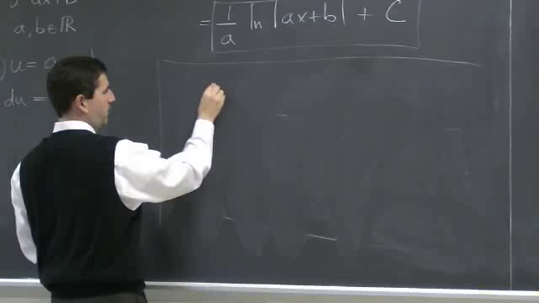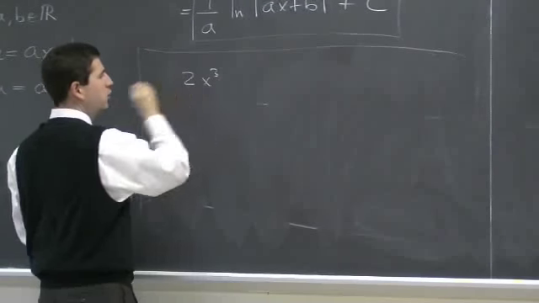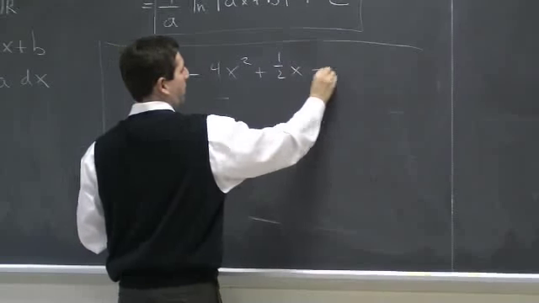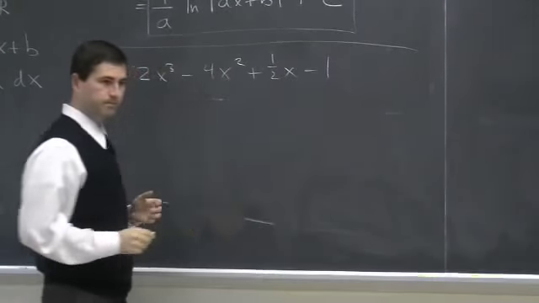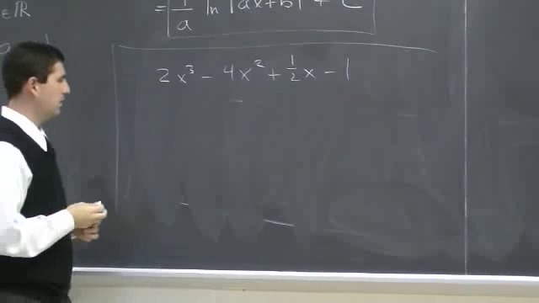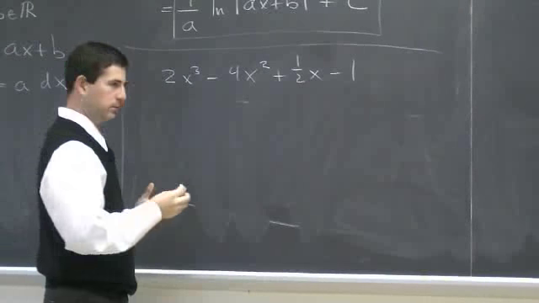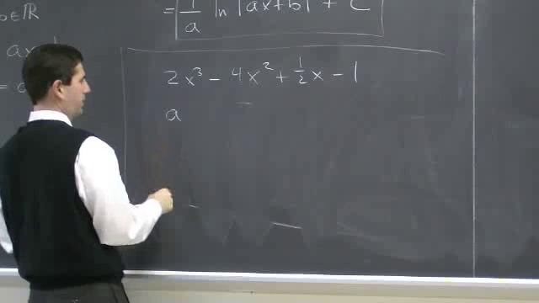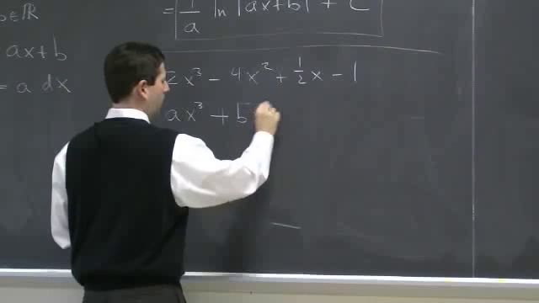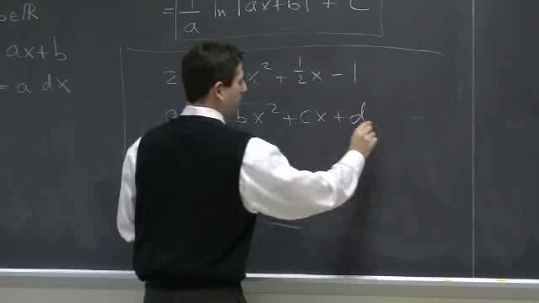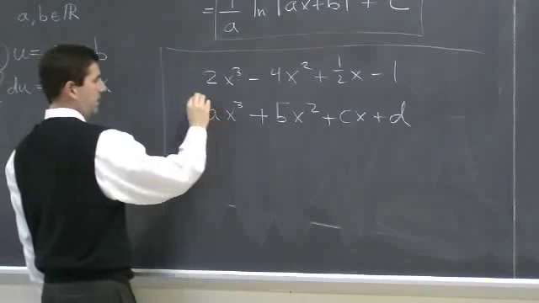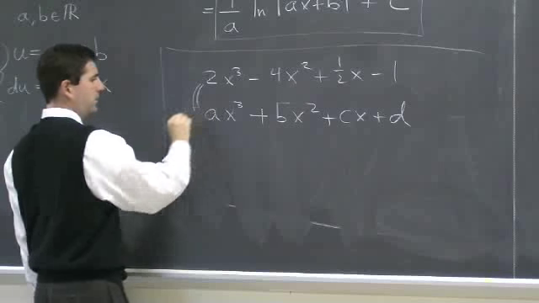Remember, polynomials are things that look like 2x cubed minus 4x squared plus a half x minus 1. It's a nice polynomial. And let's say I have another polynomial, but I'm not going to tell you what the coefficients are. I'm just going to give them names, A, B, C, D. And let's say that I know that these two polynomials are equal.